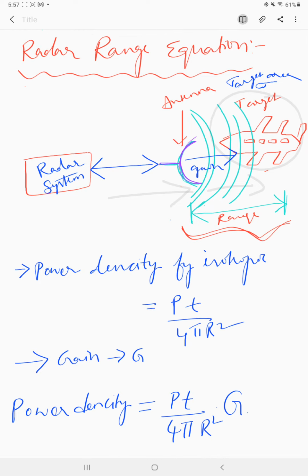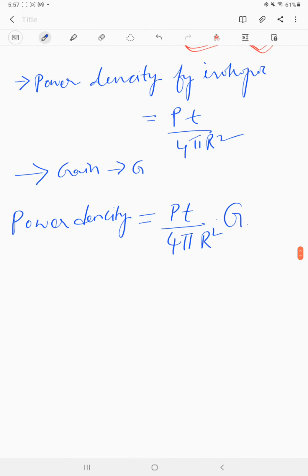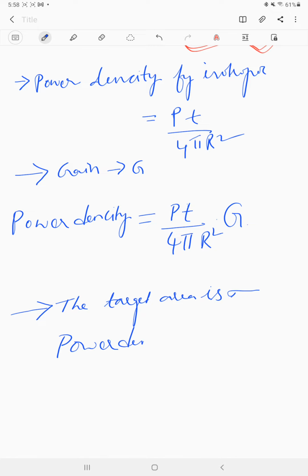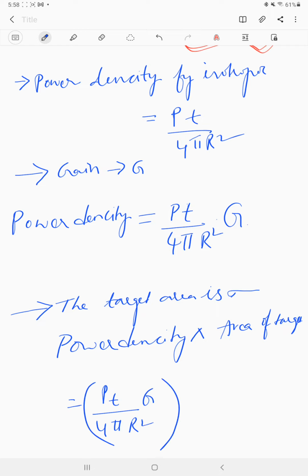Then the power reflected by the target will be the power density into the target area. So the power at the target is the power density into the area of the target, which is equal to P T by 4 pi r square into G into sigma.